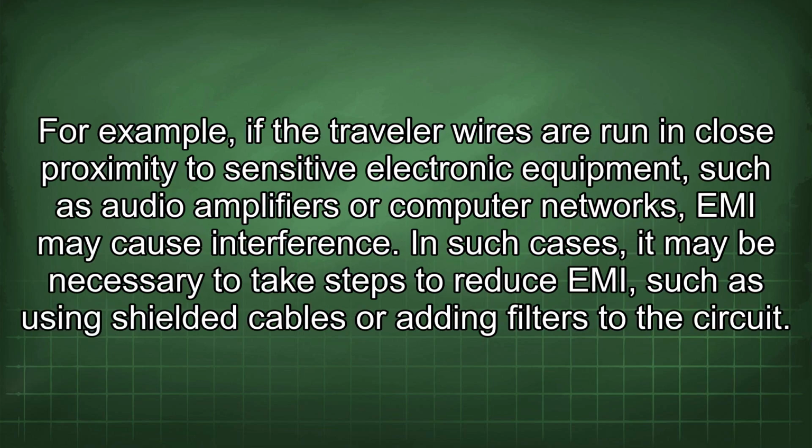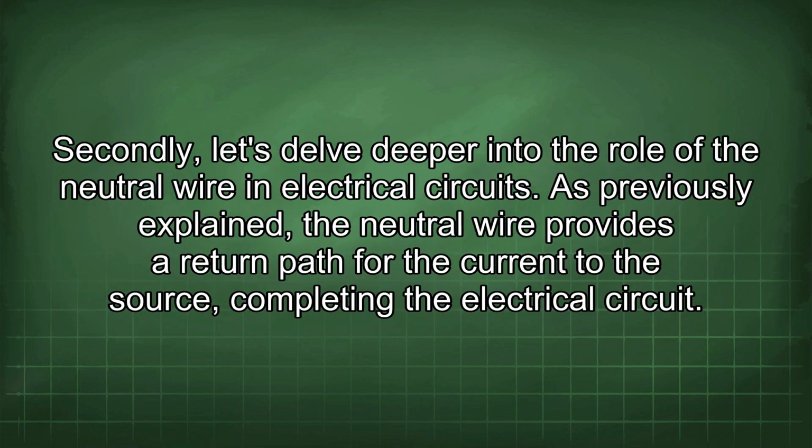For example, if the traveler wires are run in close proximity to sensitive electronic equipment, such as audio amplifiers or computer networks, EMI may cause interference. In such cases, it may be necessary to take steps to reduce EMI, such as using shielded cables or adding filters to the circuit. Secondly, let's delve deeper into the role of the neutral wire in electrical circuits.